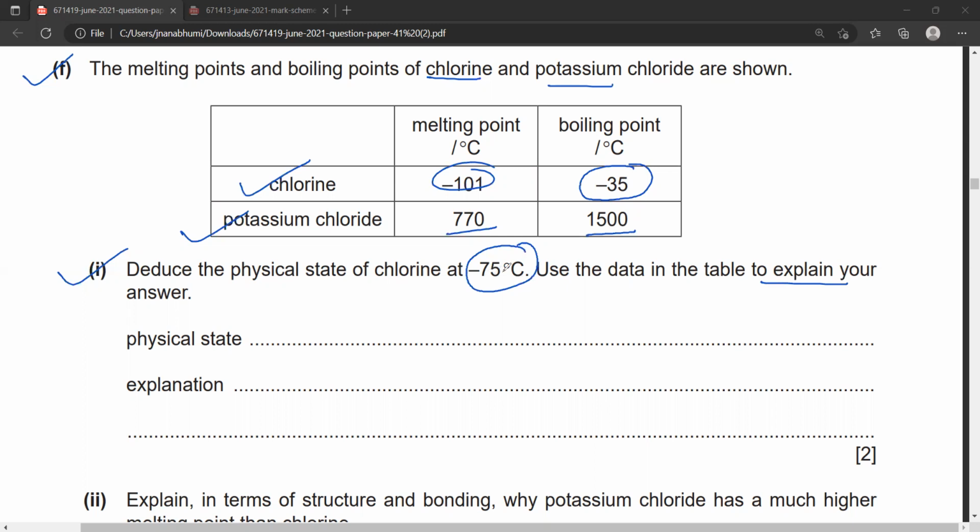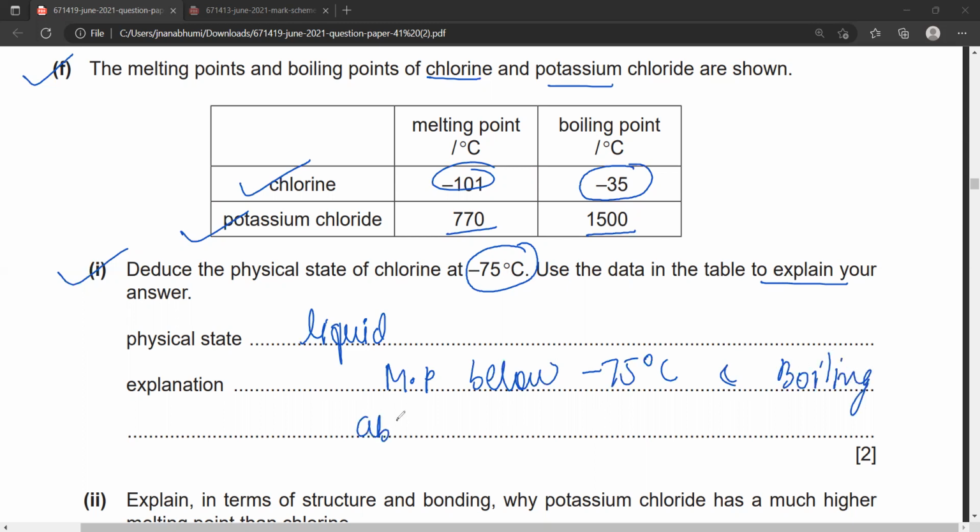So at minus 75 degree Celsius, it will be in liquid state. The explanation will be: melting point is below minus 75 degree Celsius and boiling point is above minus 75 degree Celsius. So chlorine will be in the liquid state, by the table.